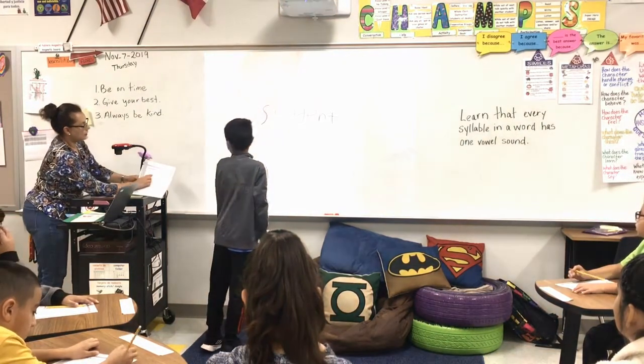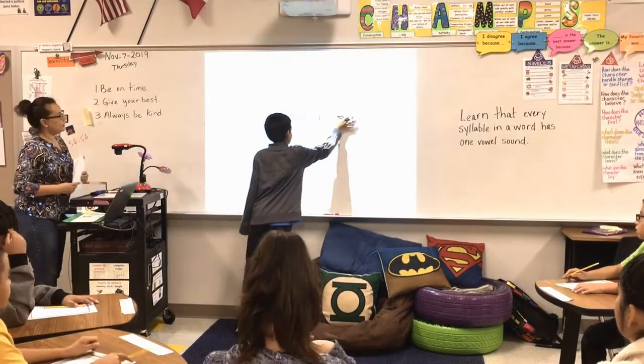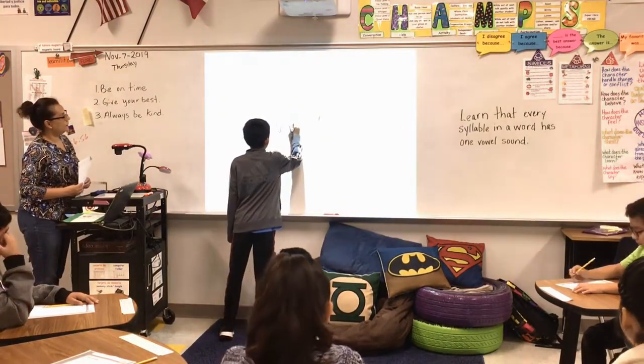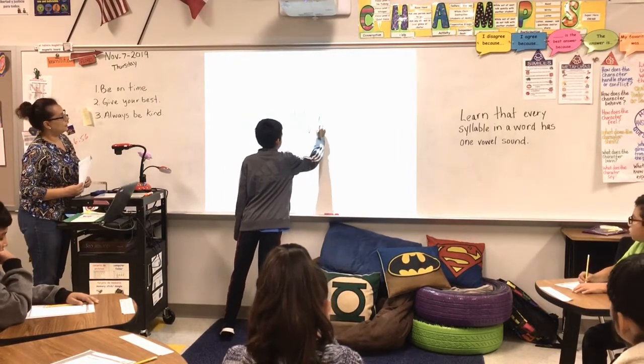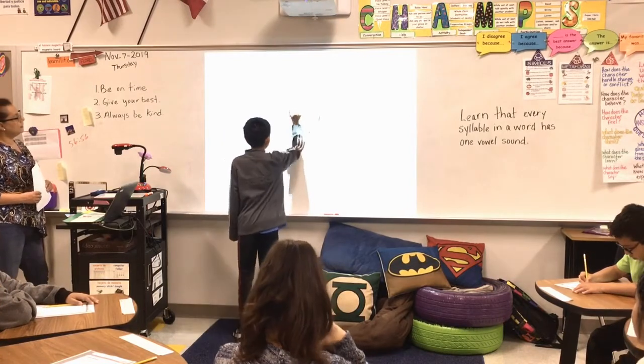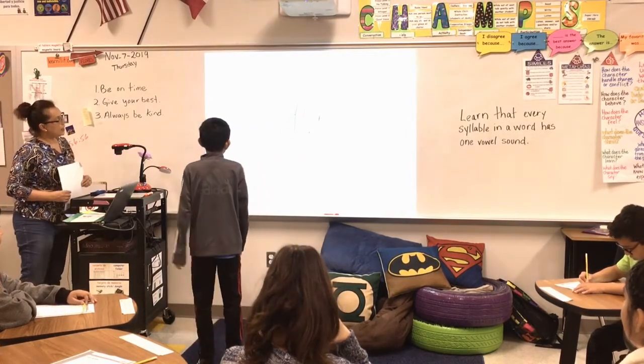You want to look at it? All right, go ahead and code it for us. All right, and where would we divide it? And what sound does that first vowel have?